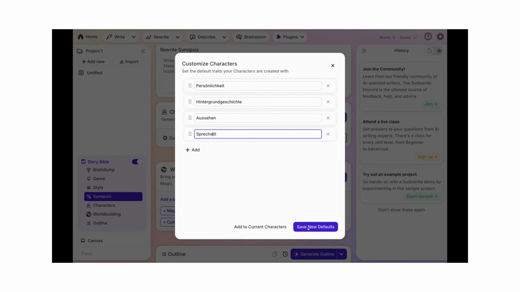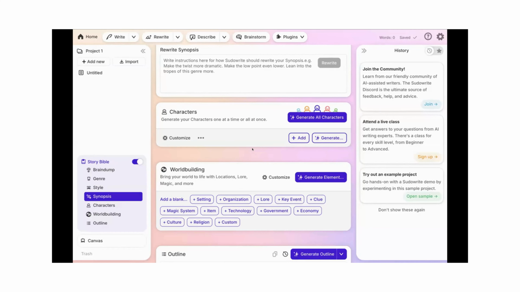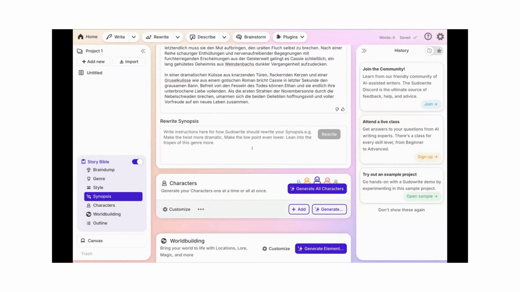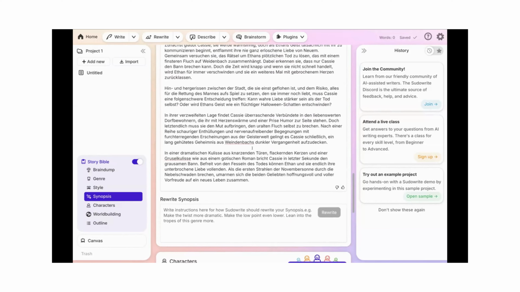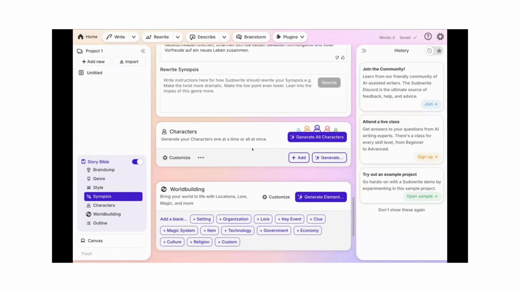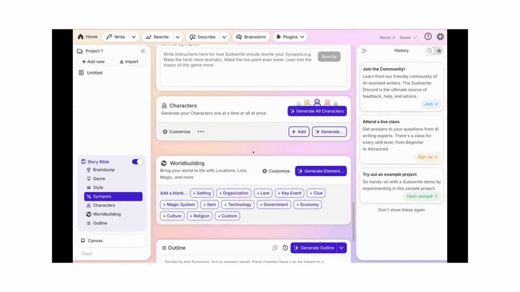And you can just save it here with save new defaults. So, and since generating the whole cast always takes a while, I would just generate our Ethan and just go here with generate.